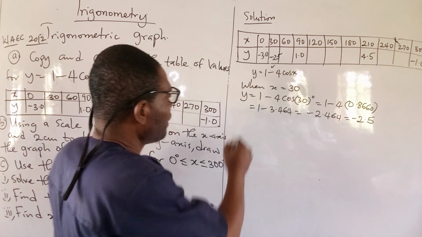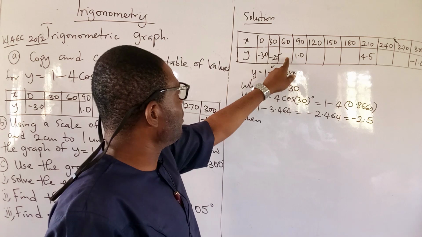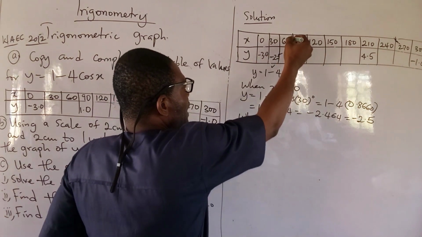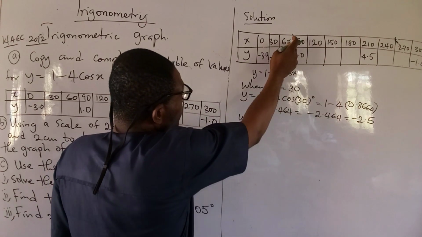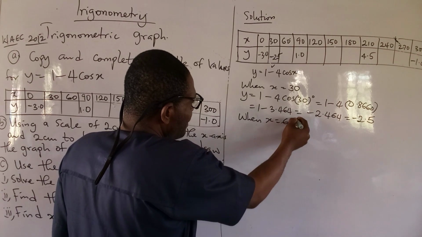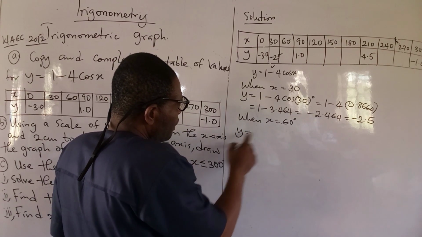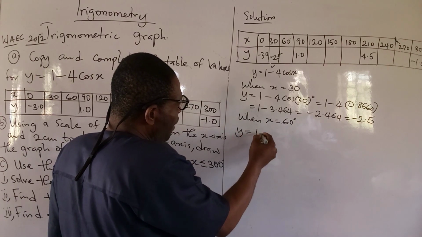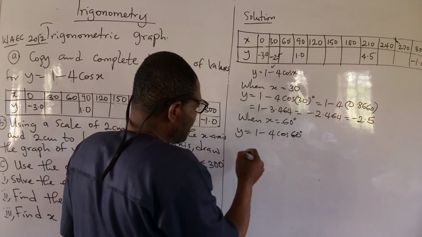The second one we're going to solve is when x is equal to 60 degrees. So y is equal to 1 minus 4 cos 60 degrees.